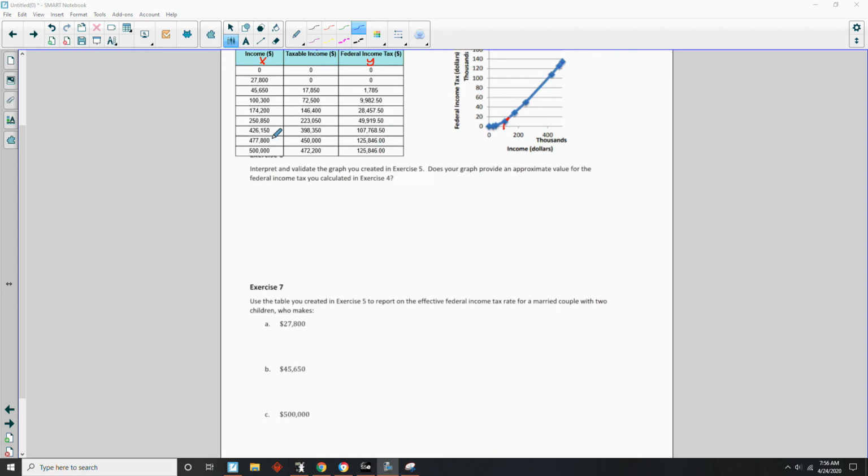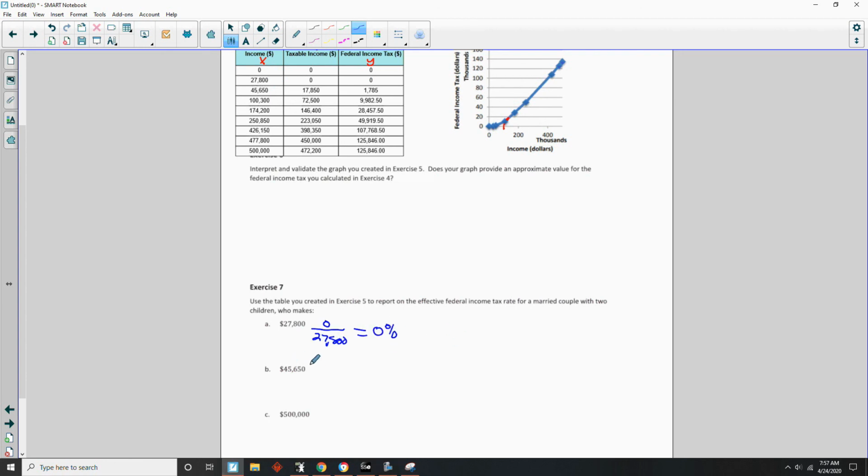What we're doing here is we're taking this amount, we're finding it on the table, federal income tax amount, and then we're going to divide the federal income tax amount by the income to get our rate, our percentage. So this one would be 0 divided by 27,800, and that would equal 0%. They would not pay any taxes.